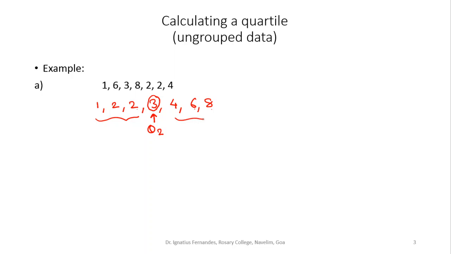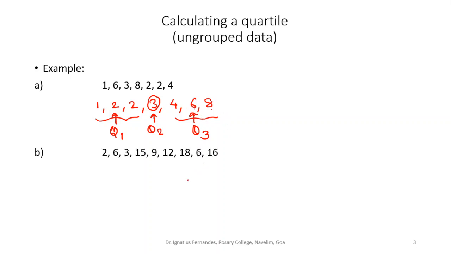If I look at the other two parts, the middle value in the first part is 2, which will be our Q1, and in the second part the middle value is 6, which will be our Q3. So given ungrouped data like this, we first put it into ordered form and then locate the middle values, Q1, Q2, Q3. So Q1 is 2, Q2 is 3, and Q3 is 6.